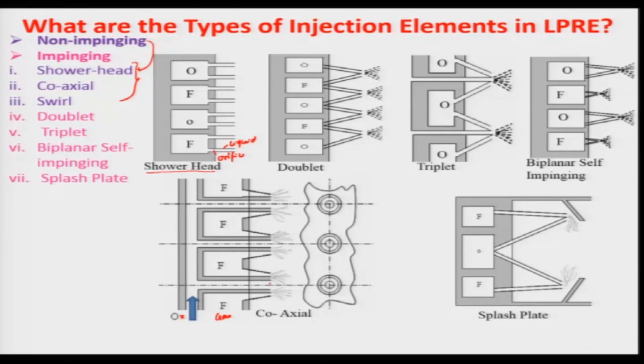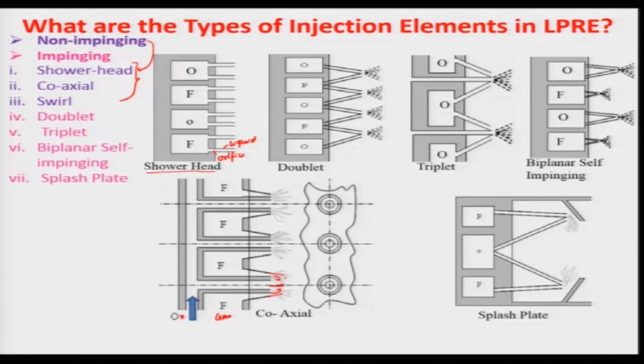In some cases a recess is used, so that there will be some zone, let us say I am extending this portion, where the gas will be mixing out and then impinging a little bit into the liquid jet coming out from this orifice.